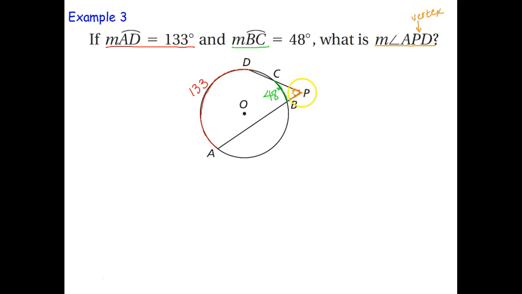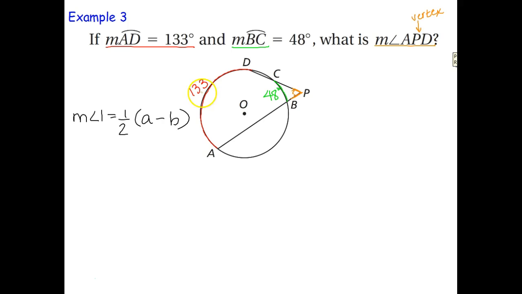So because the vertex of the angle is outside the circle, we have an outside secant. So we're going to do measure of angle 1 is equal to half the difference between arc A and arc B. If we work our way from outside the arc to the angle, we can put everything into the place where it belongs.